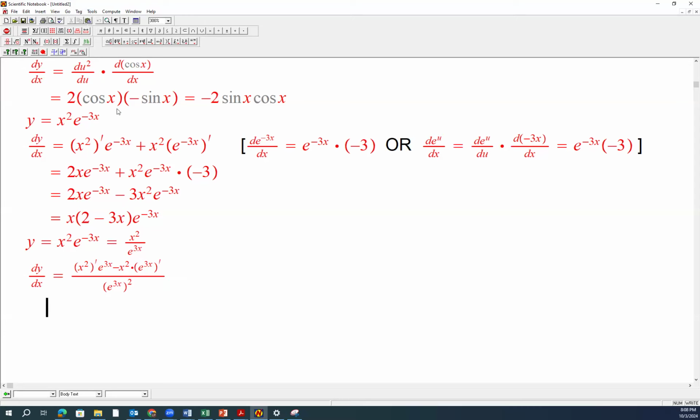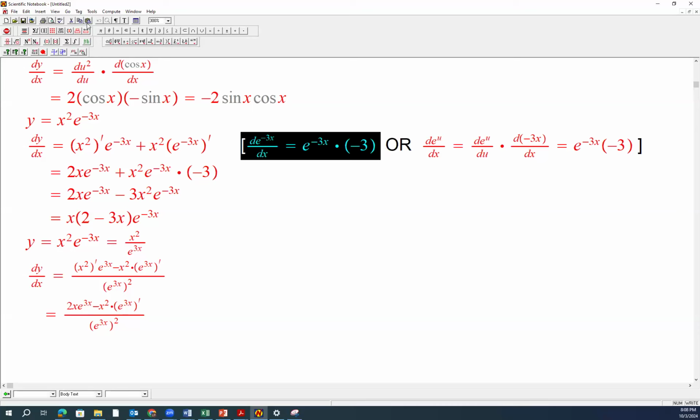Okay, simplify. Well, actually, we need to put the derivative in place. The derivative of x squared is 2x, and the derivative of e to the power 3x, right? So in this process, which we just did, what do we get?